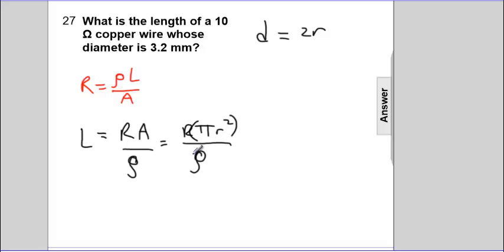So now we're going to solve this in terms of diameter. What is r? r is diameter divided by 2, and r squared is still d squared divided by 2 squared. Oh, that's messy.